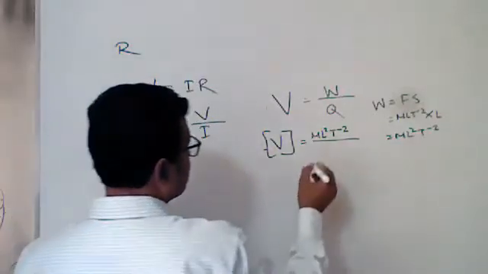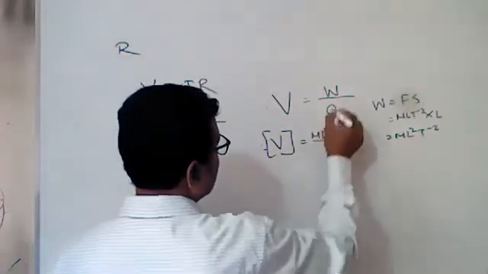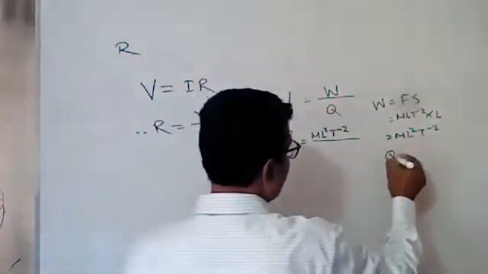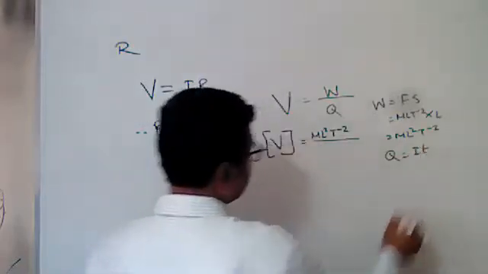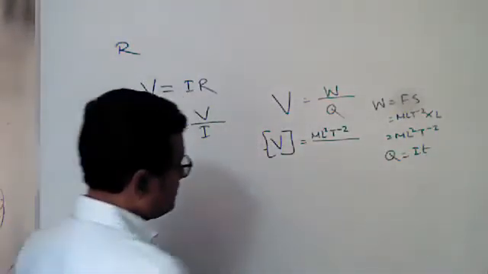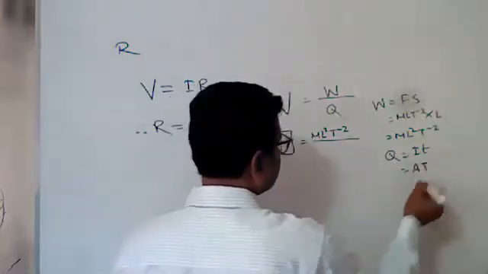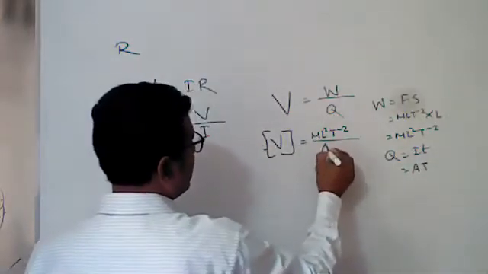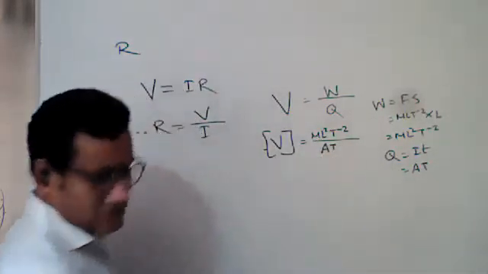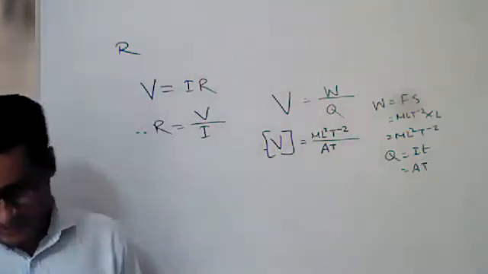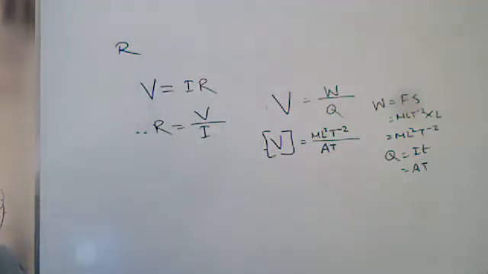Okay, now Q equals I T. The dimension of I is A and of T is T. So Q equals A T. A is the dimension of I. It's not area. You have to remember this.